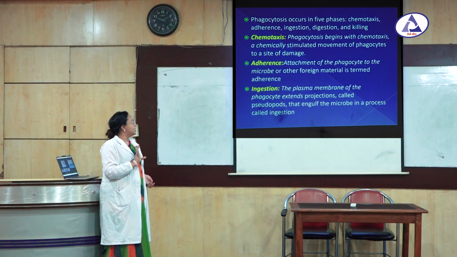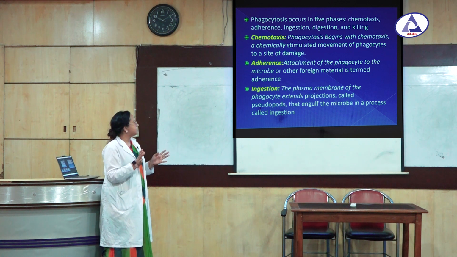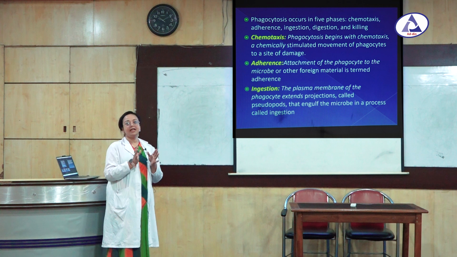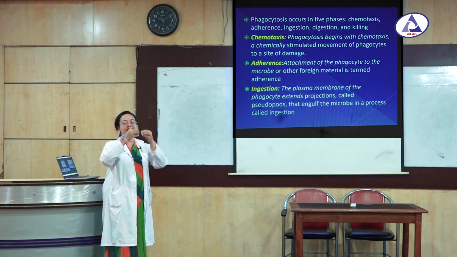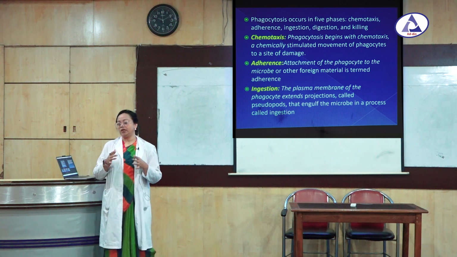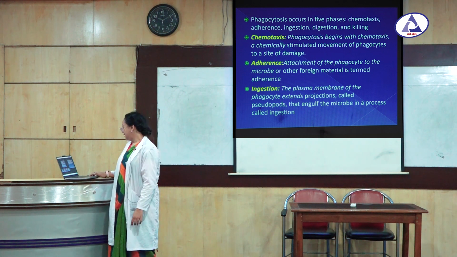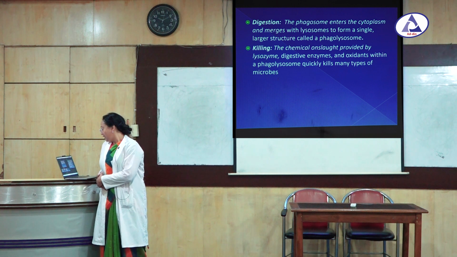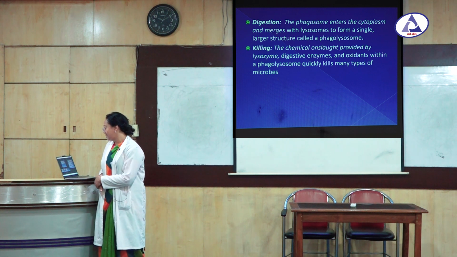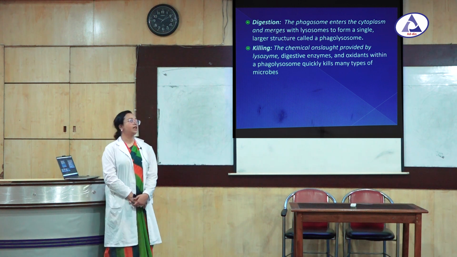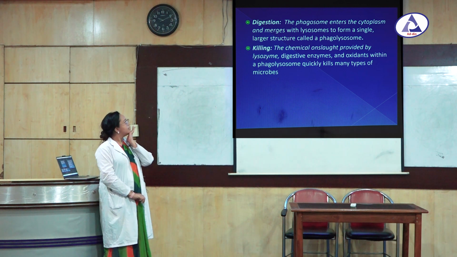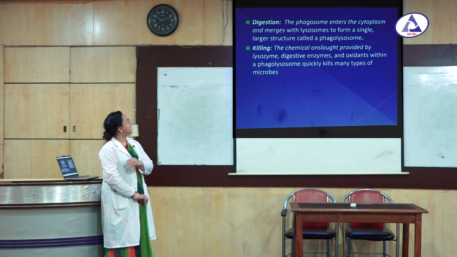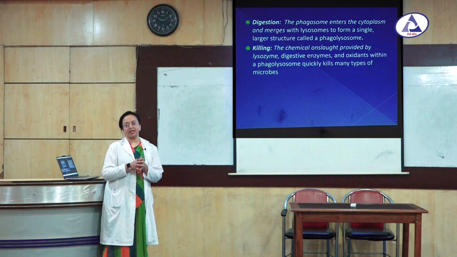Then ingestion: the plasma membrane of the phagocyte extends projections called pseudopods, and the pseudopods attach together and the particle moves inside the body of the WBC. Then digestion: the phagosome enters the cytoplasm and merges with lysosomes to form a single larger structure called a phagolysosome. Then killing: the digestive enzymes kill the bacteria.